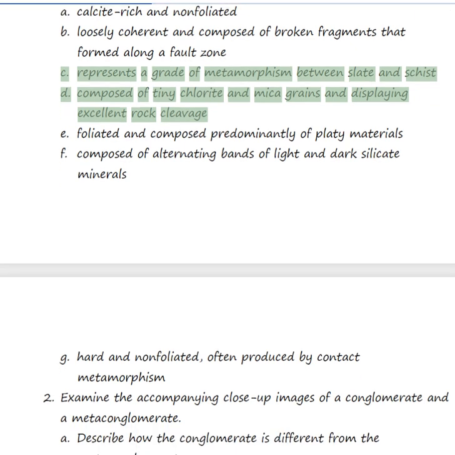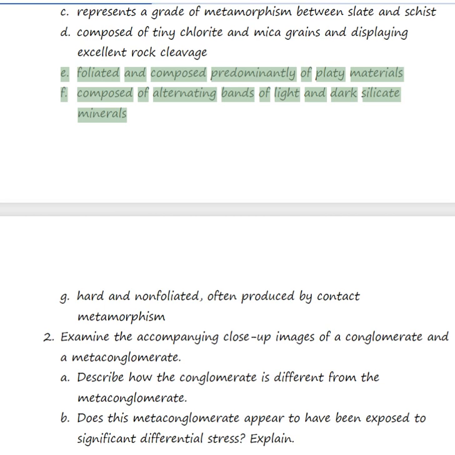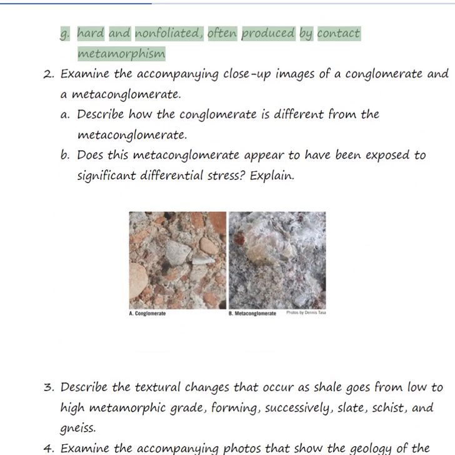D. Composed of tiny chlorite and mica grains and displaying excellent rock cleavage. E. Foliated and composed predominantly of platy materials. F. Composed of alternating bands of light and dark silicate minerals. G. Hard and non-foliated, often produced by contact metamorphism.